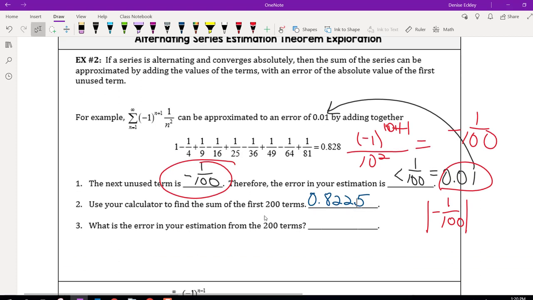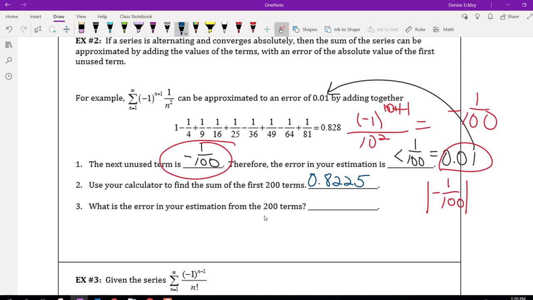So what we're going to do to find the error is we're going to take the absolute value, so our R sub n, the absolute value of that, has to be less than or equal to the absolute value of negative 1 to the 200 plus 1 over, I'm sorry, that should be 201 because that's the n we're on. 201 plus 1 over 201 squared.